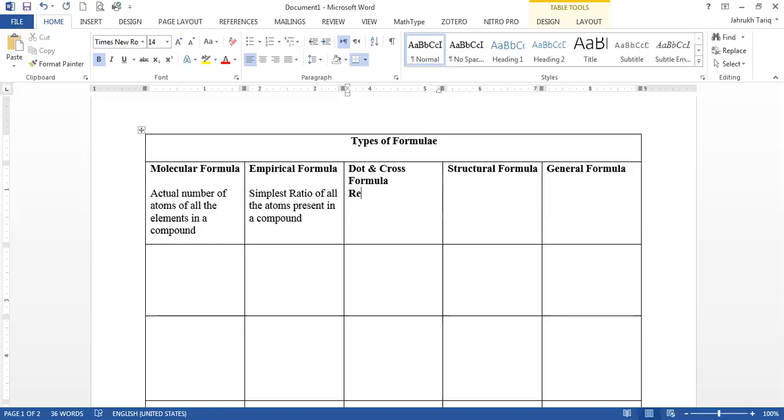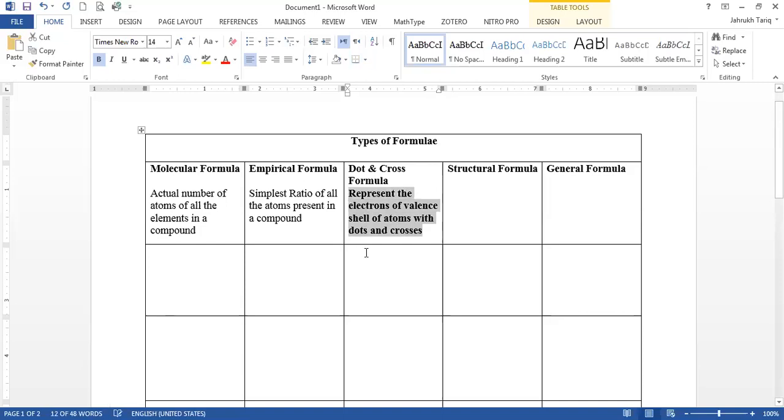So we represent the electrons of valence shells of atoms with dots and crosses. (Elements shouldn't be written.) Okay? And that represented the bonding.